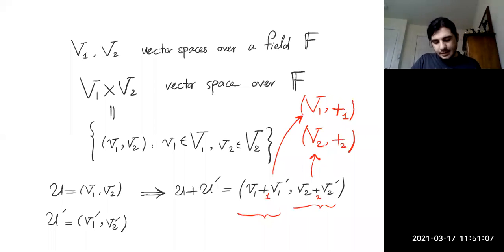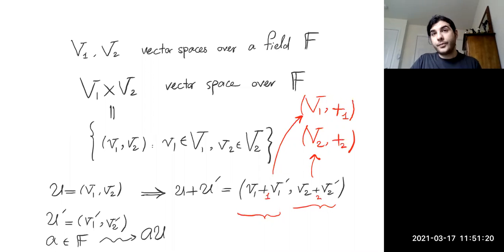The other thing is that if I want a vector space, I should have scalar multiplication. So if I have some element a in the field, I should be able to define a times u. Again, it is the standard component-wise multiplication. I would multiply v1 by a and v2 by a.